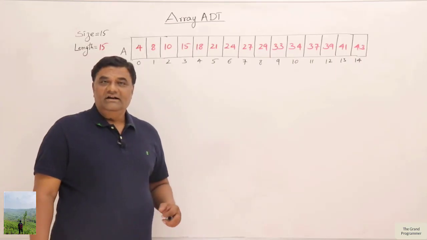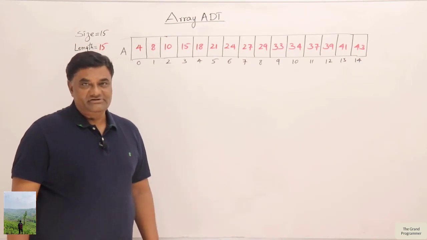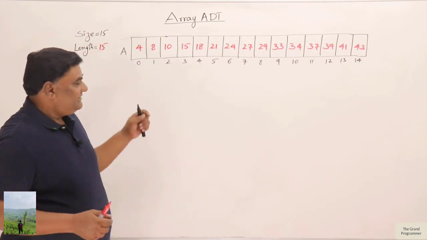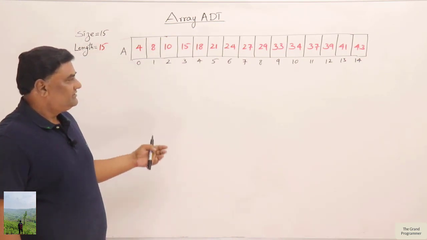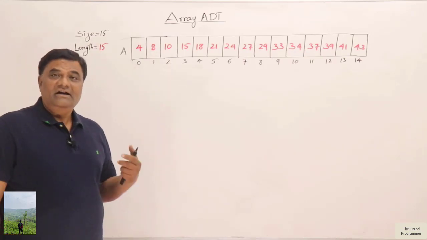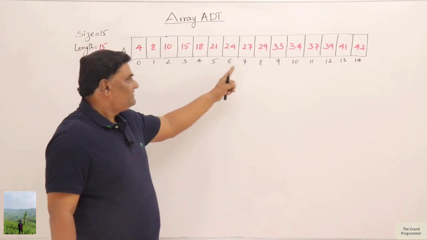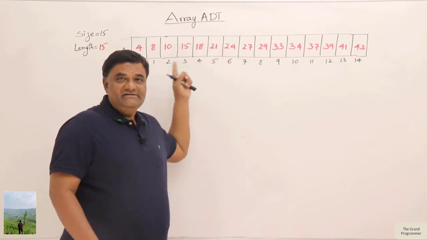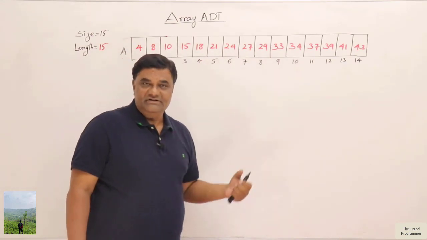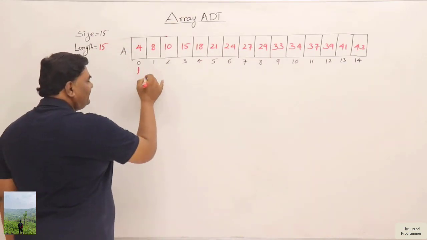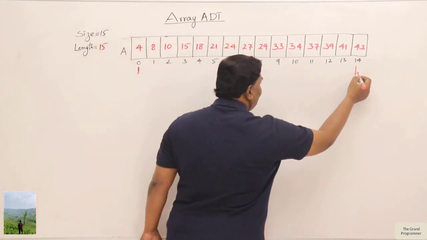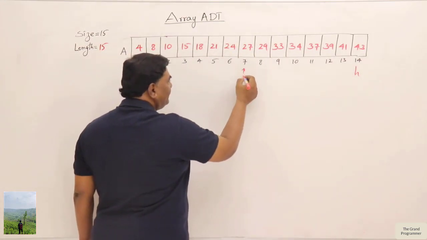Now let us do the analysis of binary search. So for the same list, if you observe, when we have searched for various keys, every time mid value was 7. Obviously 0 to 14, middle is 7 only. Initially low was here and high was here, and we were getting mid. This is mid.